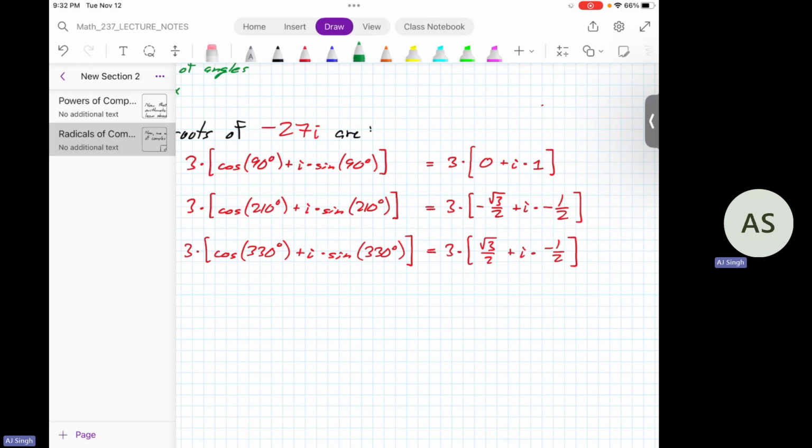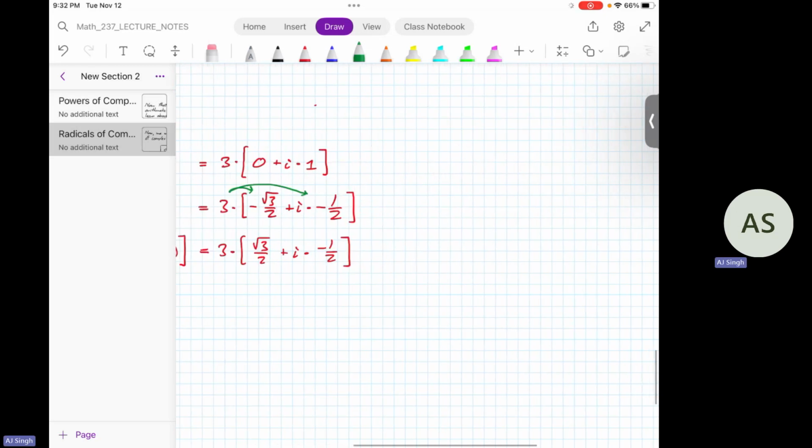And then you would multiply the 3 inside, right? For all of them. And finally, we get our answers: 3i, then minus half i, and minus half i again.